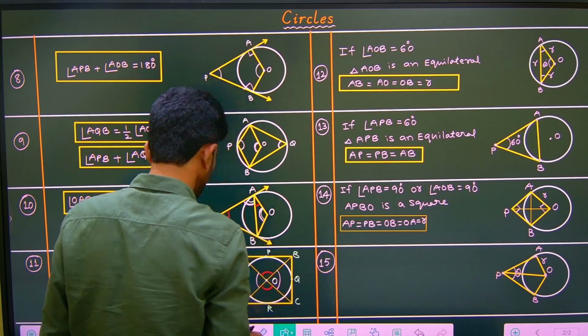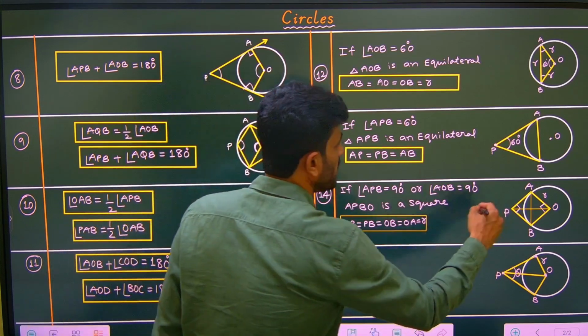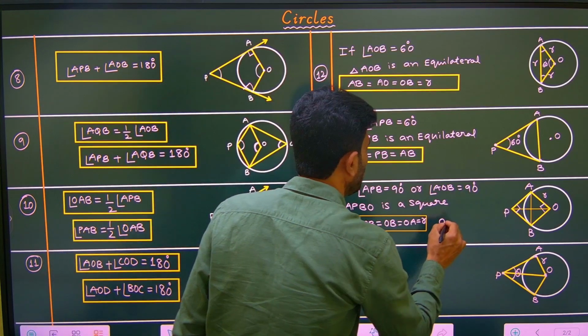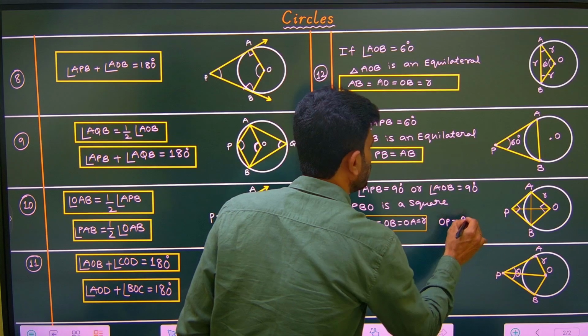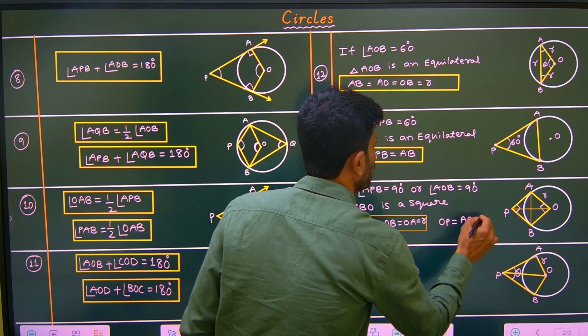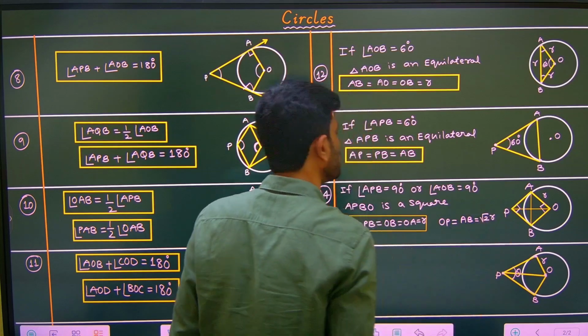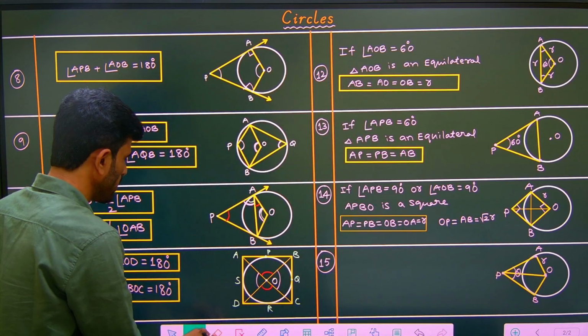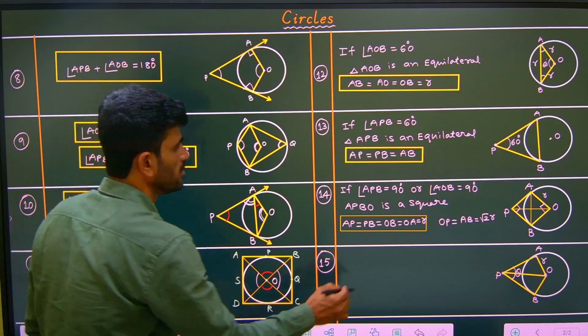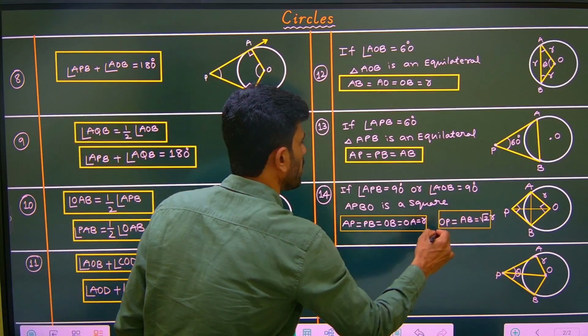And one more important note. The diagonals OP and AB are equal to root 2 times R, because the diagonal of a square is root 2 times its side. So try to remember this point also.